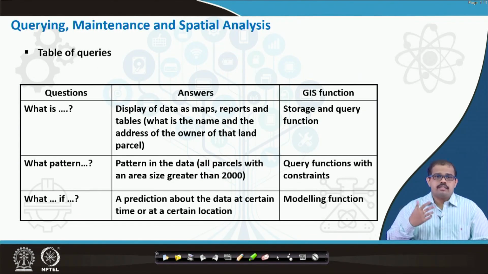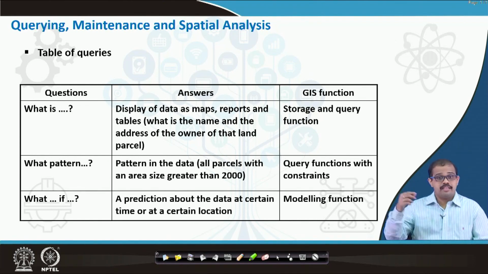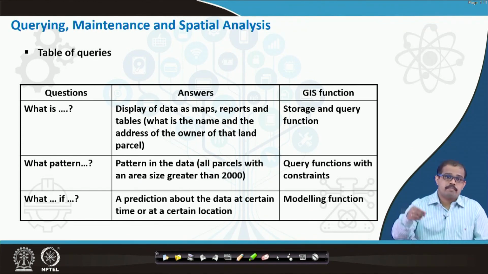The next thing that we would look at is querying, maintenance, and spatial analysis. In a general way, if I say "what is", when we are displaying a map, report, or table, we are trying to define its name, or the address of a particular building or place in that map.